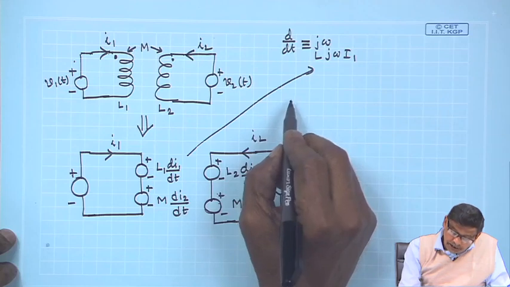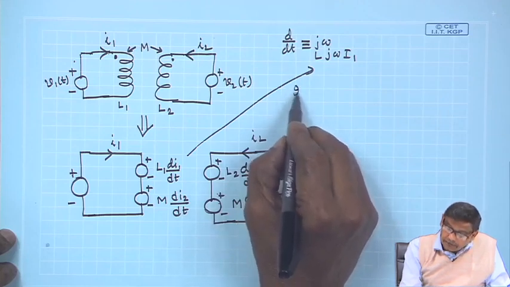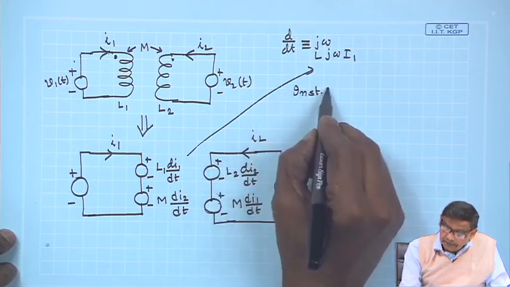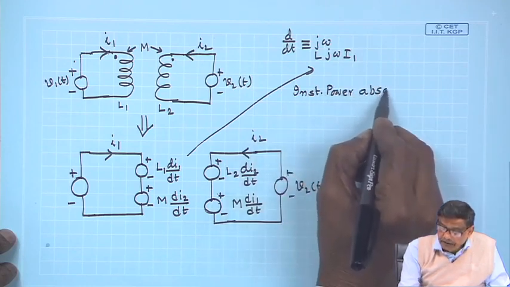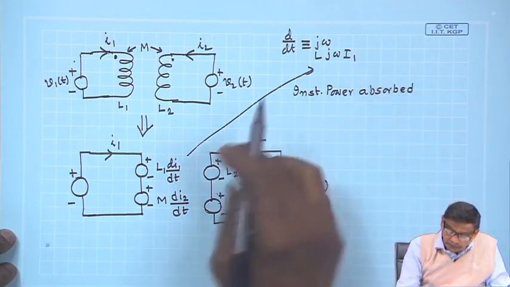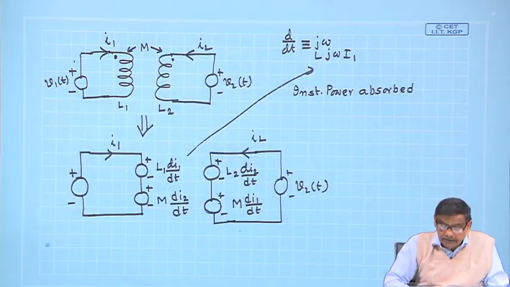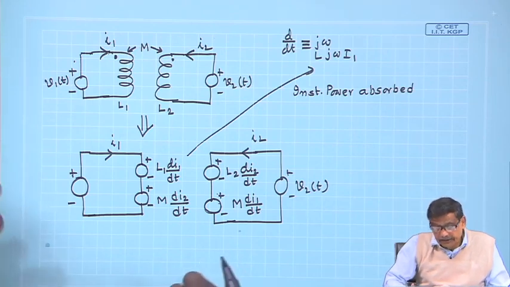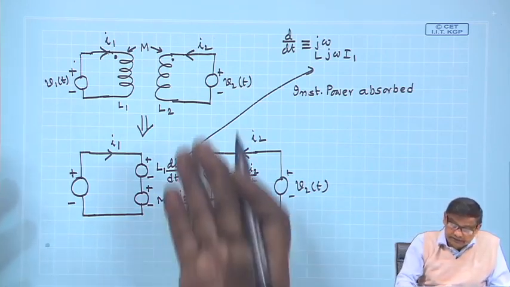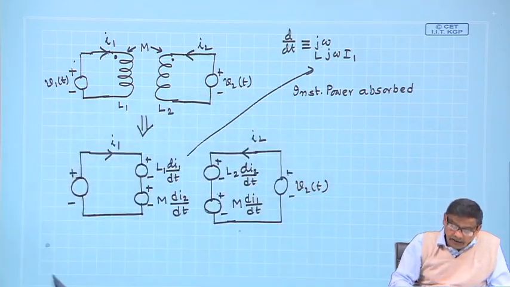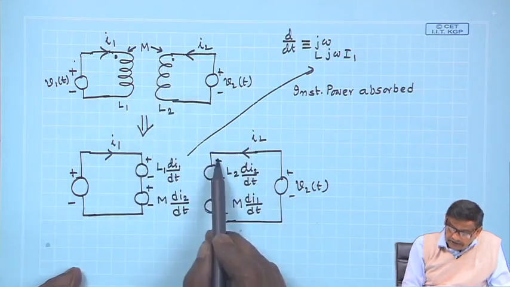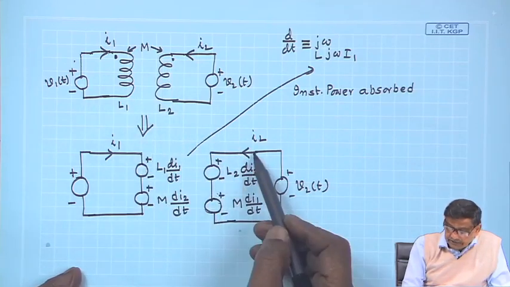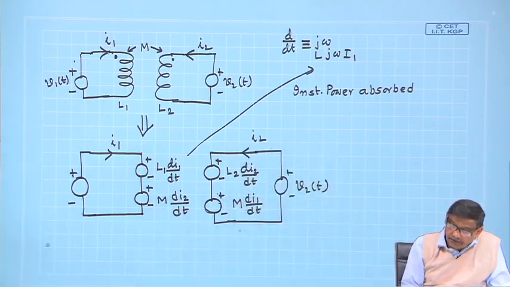So, we write instantaneous power absorbed, mind you, absorbed, because both these coils are absorbing power. Who decides that? Because I have assumed the currents in such a direction, polarity of the voltage is given. So, I can make out whether this fellow is absorbing power or not. So, this is plus minus at the voltages, current is entering through the plus, it is absorbing.